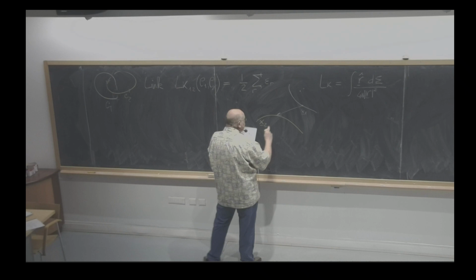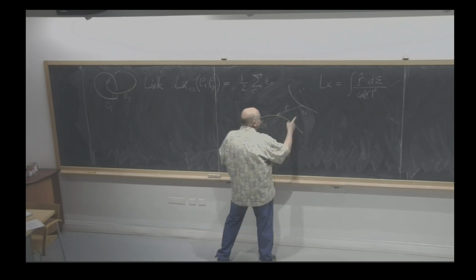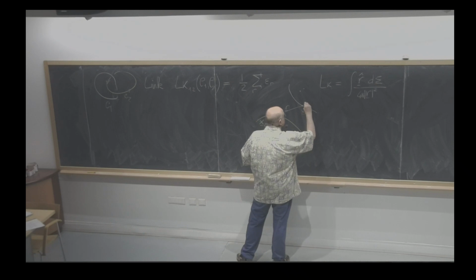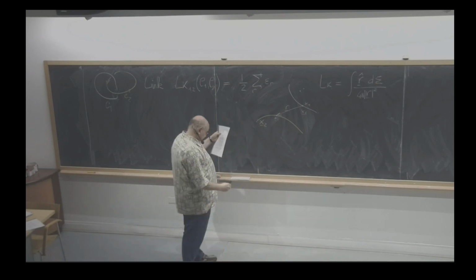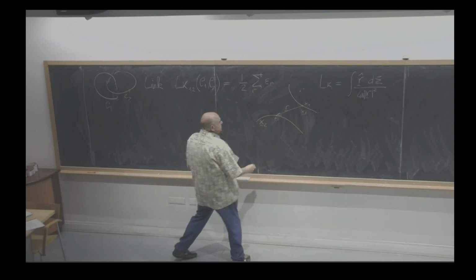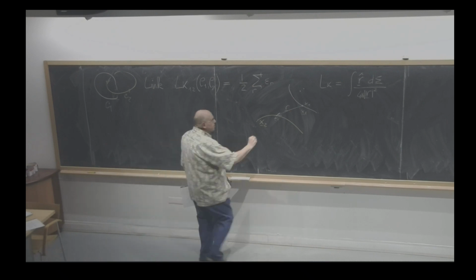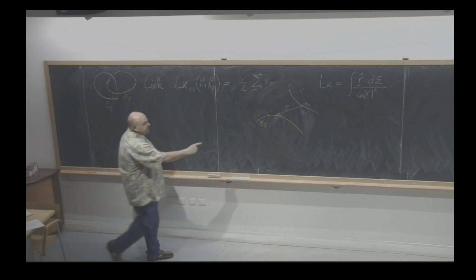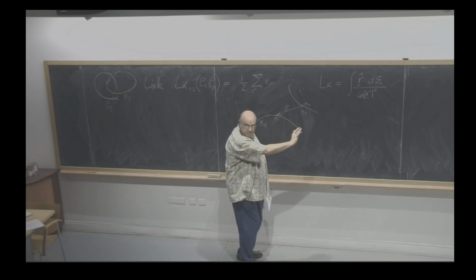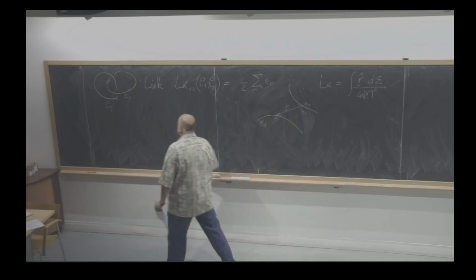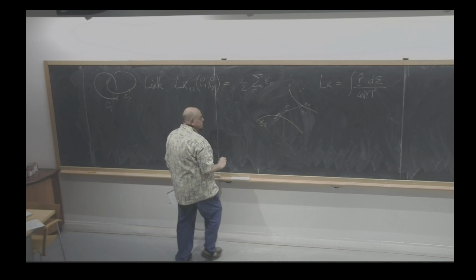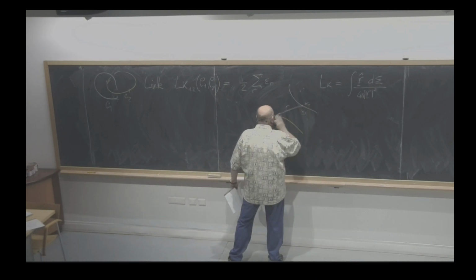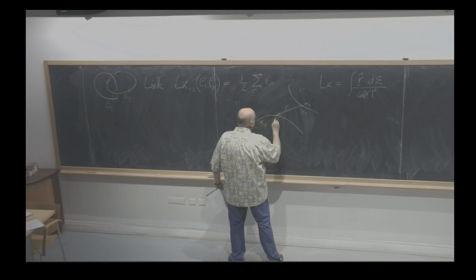And then this would be r, the difference between the point x2 and the point x1 of these two curves. And then imagine that from some direction you see an apparent crossing. Evidently there are no crossings on this plane on purpose, but imagine that you look at these strands from some particular direction, and then you have something like this.